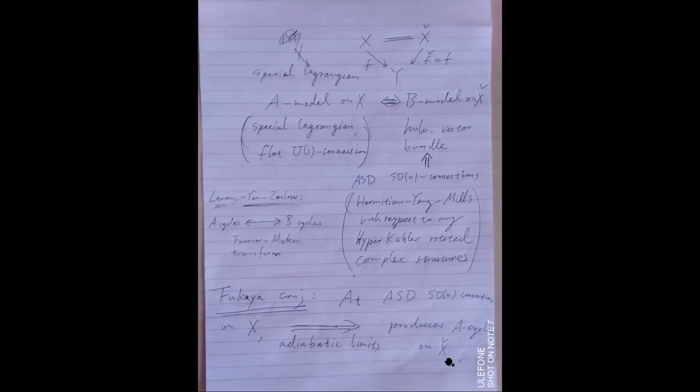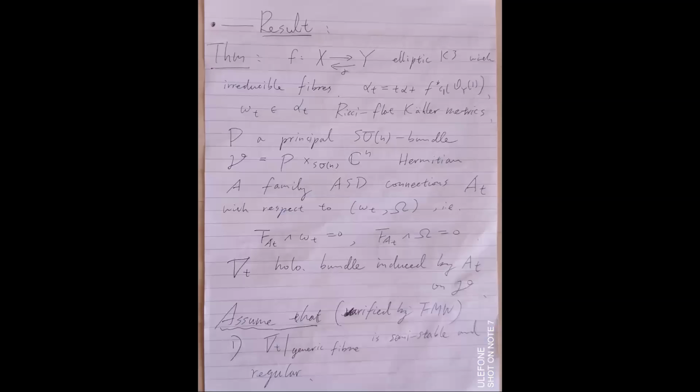So this picture looks a little bit like this Atiyah-Floer conjecture: you have an adiabatic limit of a family of ASD connections, and then you produce some submanifold on the mirror side of this manifold. That's the Fukaya conjecture. Okay, so now I want to present our result.